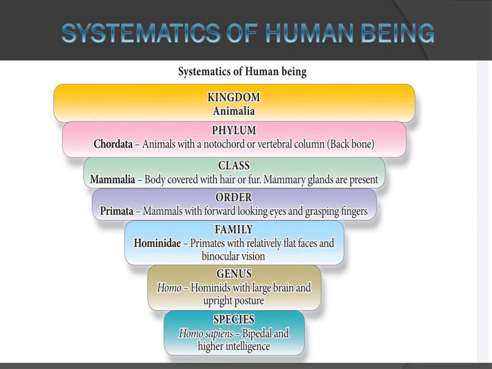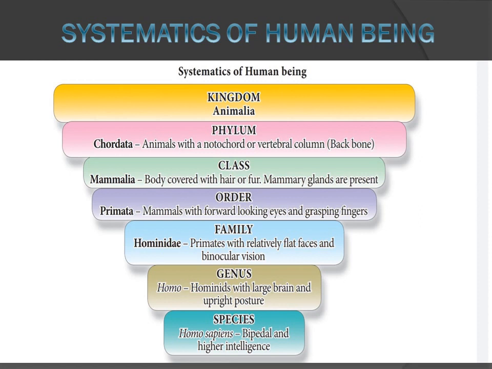Chordata means the organisms that have a notochord or vertebral column or backbone come under the phylum Chordata. So not only human beings, whatever has a vertebral column or backbone or notochord will come under the phylum Chordata. So human beings also come under the phylum Chordata. Is it clear? Okay.